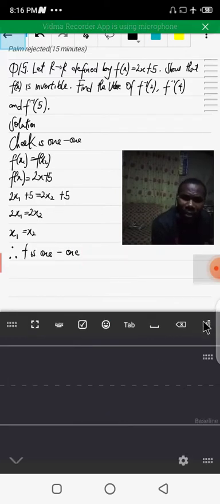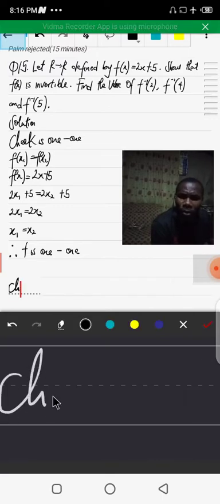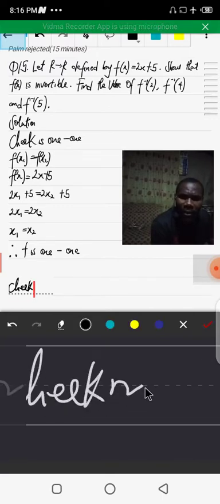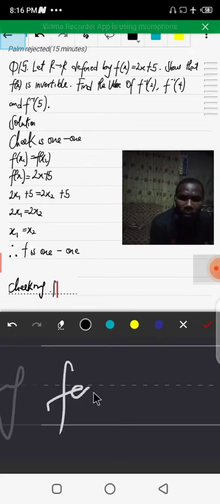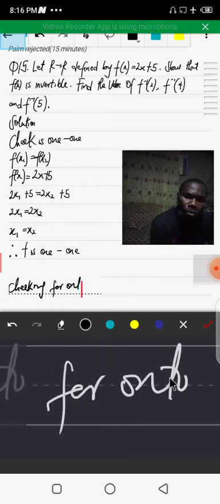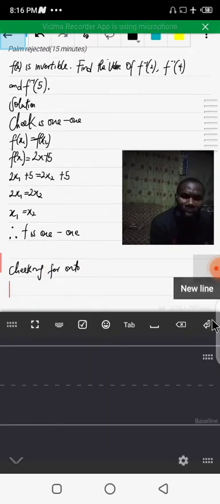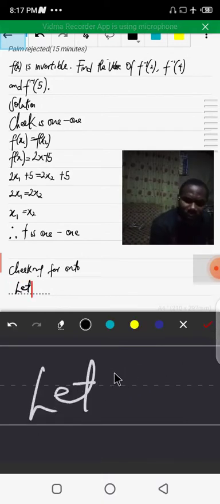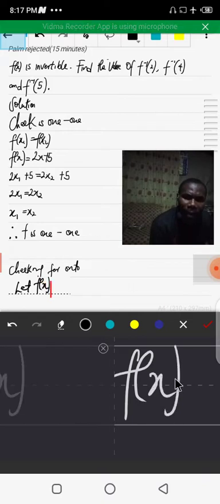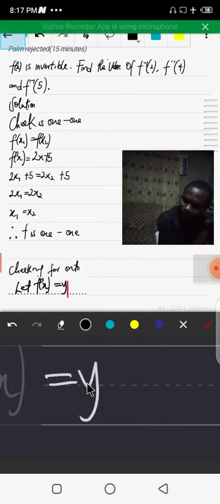Now the second stage, you check for onto. In case you have to check this, you say let f of x be equal to y.